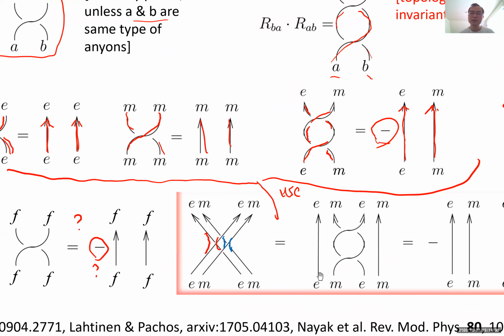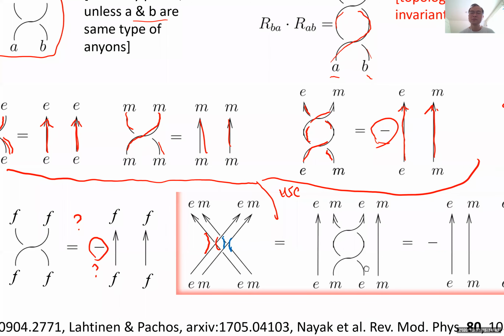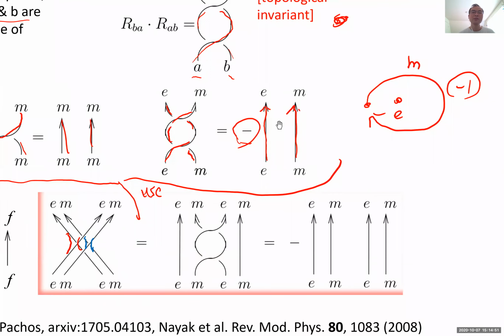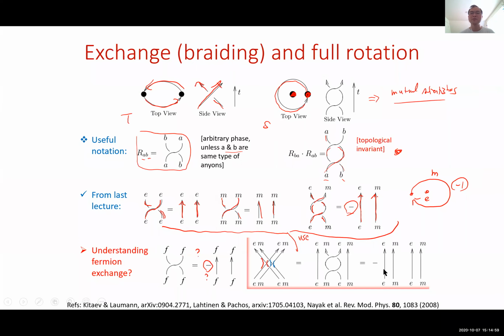So you see that this E goes up, this M goes up, and here there's a braiding, M braids around E, and E braids around M, right? And then we just use this rule that there is a minus sign, and this becomes a fermion and a fermion. Okay, so this picture is quite useful and gives us a pictorial, intuitive understanding of the exchange.